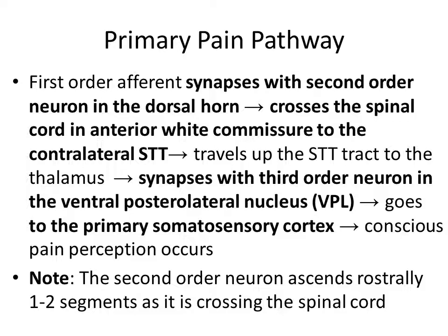And there it's going to synapse in the ventral posterolateral nucleus of the thalamus with a third order neuron. The third order neuron is then going to go to the primary somatosensory cortex, where we will then perceive the pain and be able to give a location to that pain and to some extent the intensity.